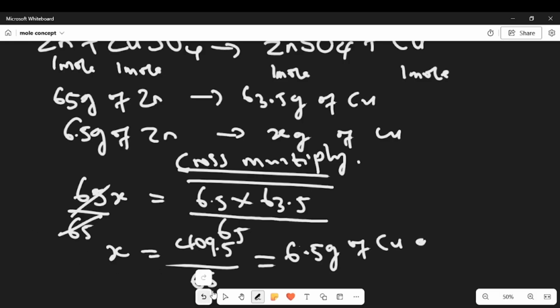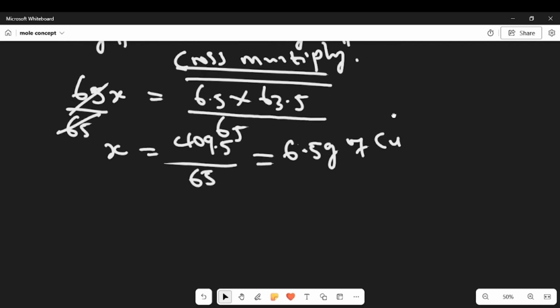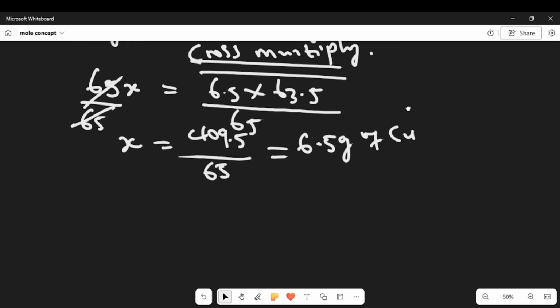6.5 grams of copper. Remember, we said let the mass of copper that will be deposited by dissolving 6.5 grams of zinc in copper tetraoxosulfate VI be X. So in the end, we realized that X equals 6.5 grams of copper.